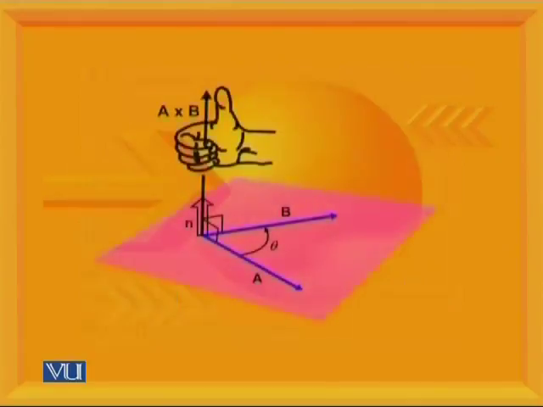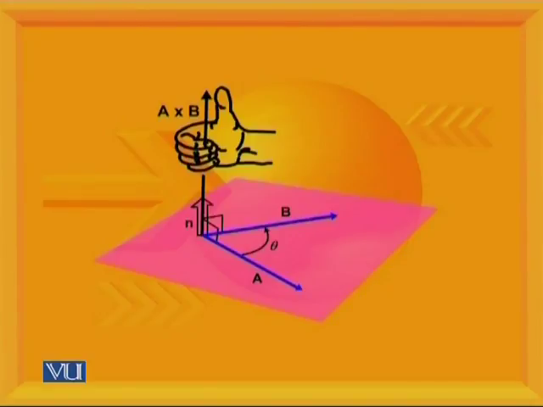You can see on the screen that if we multiply a by b, so if we go from a to b in the anti-clockwise direction, then our direction will be perpendicular to the plane containing the vectors a and b, in the direction where our thumb points.